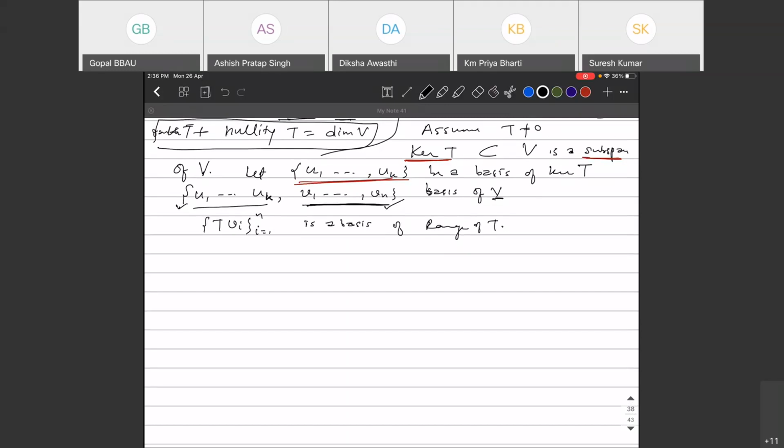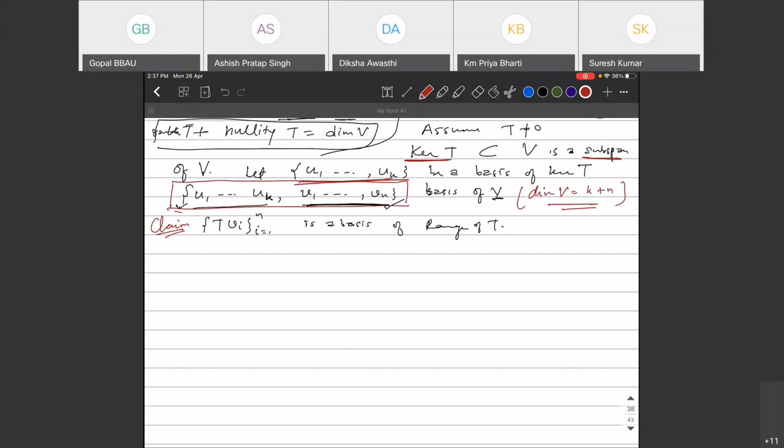So from this position, what we infer is that the dimension of V is k plus n. So right here, the dimension of V is k plus n. And this is our claim.